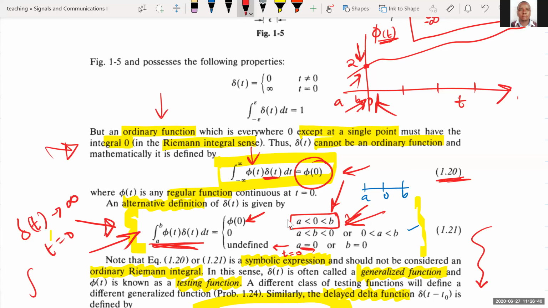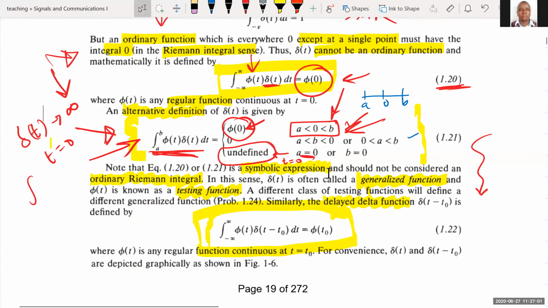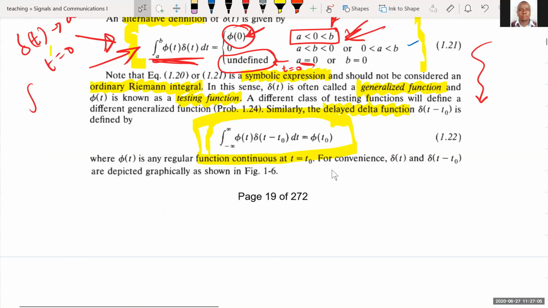This integral will approach this value at t equals 0, but it will be undefined, because anything you multiply with infinity becomes undefined. And that is the reason why our expression gets undefined at that time. You see a slight difference when we are dealing with discrete time signals, but for now, we will stop at that.